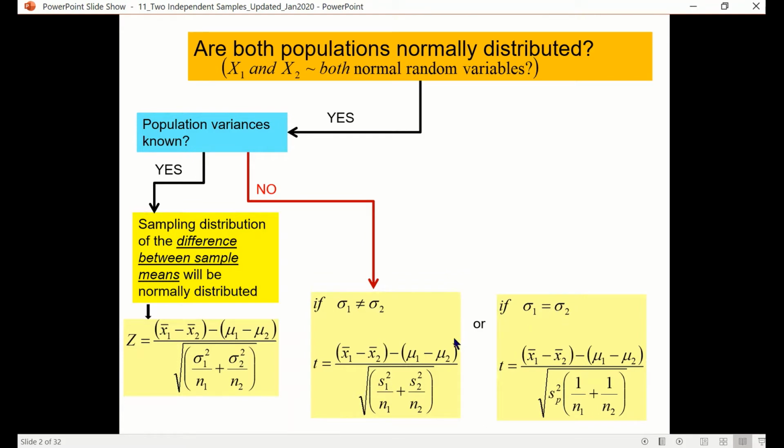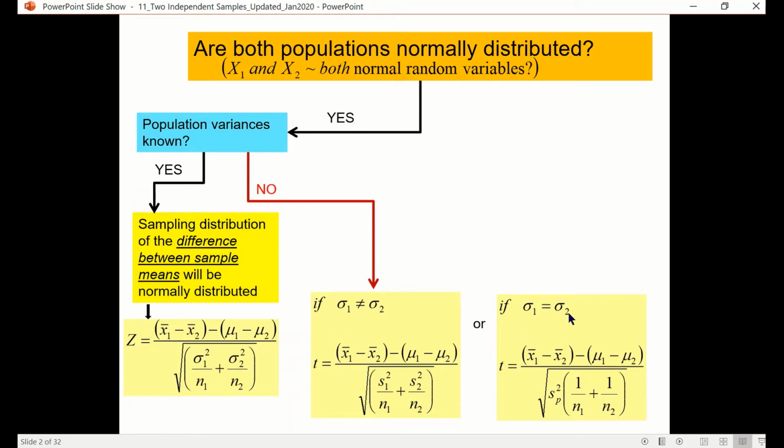So if they are not equal, we have to use this test statistic: x bar 1 minus x bar 2 minus (mu1 minus mu2), the hypothesis value, divided by the square root of s1 squared over n1 plus s2 squared over n2.